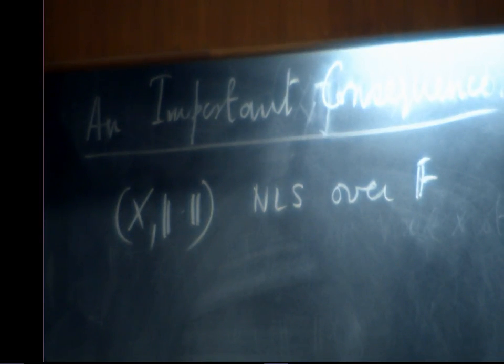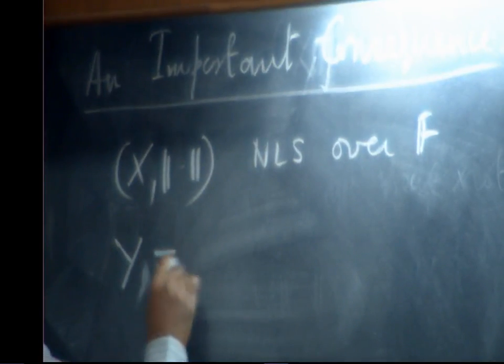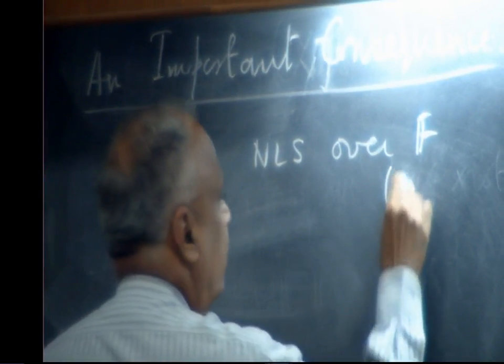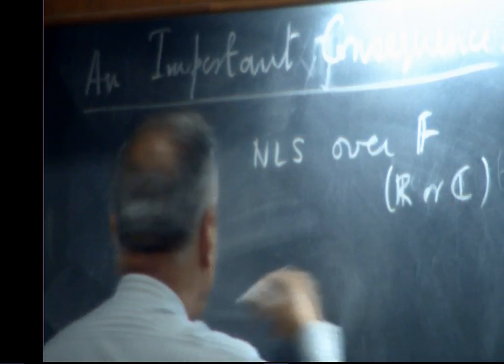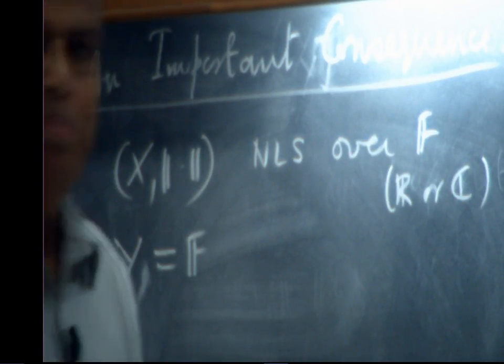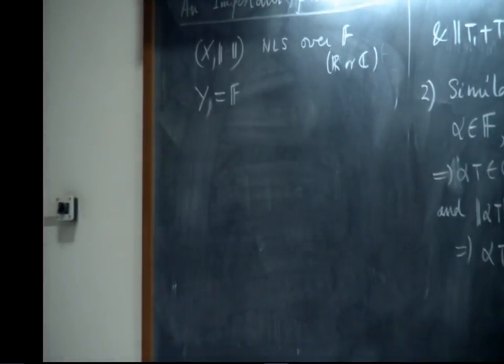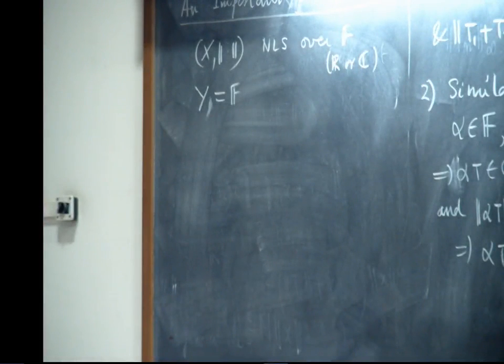So, if I take Y to be F, remember Y is equal to R or C, and with the usual norm Y is a Banach space. The real numbers form a complete space, the complex numbers form a complete space. So, therefore, the set of all bounded linear transformations from X to F must be a Banach space, because Y is given to be a Banach space.